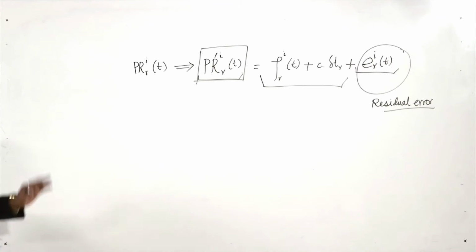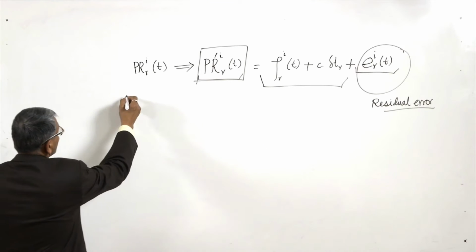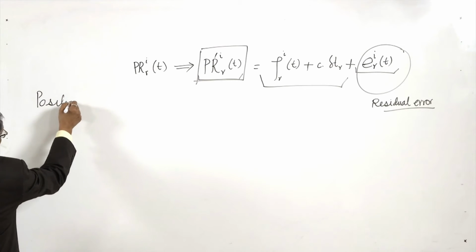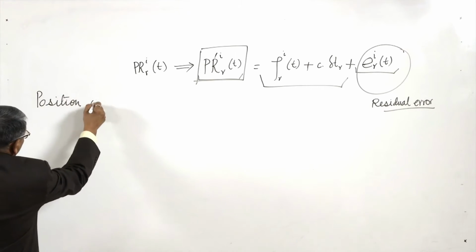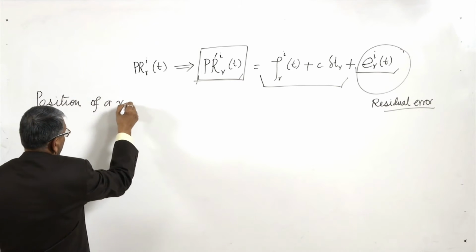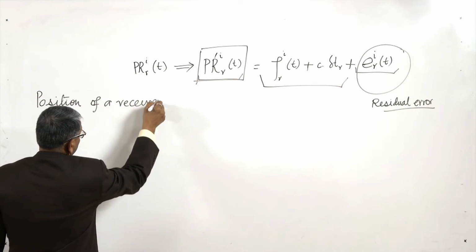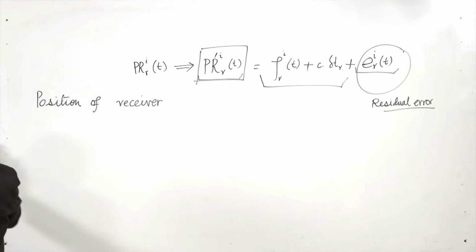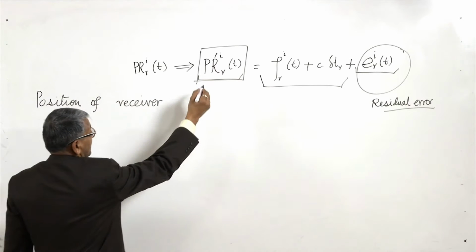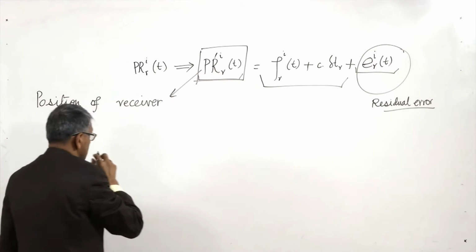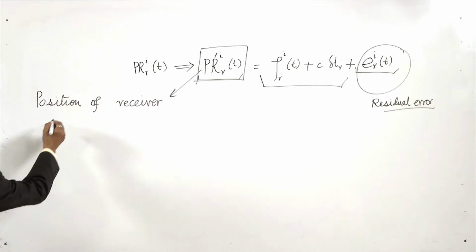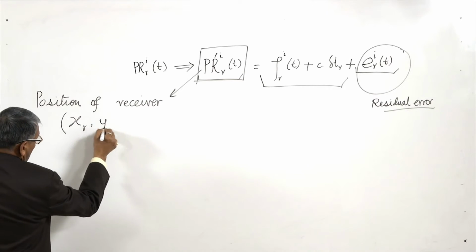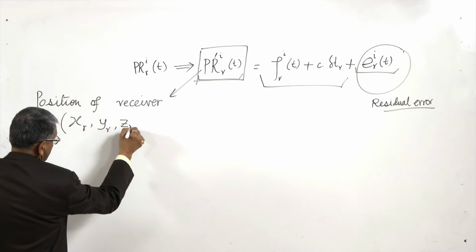Now from here we have to find out the position of the receiver from which we have taken these observables. So let us assume that the position of the receiver is XR, YR and ZR.